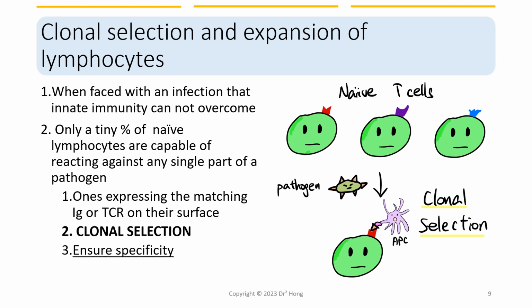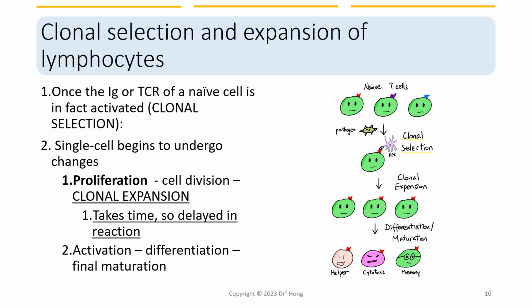So only the cell that can really recognize part of the pathogen will get selected. This ensures specificity. It will also serve as the activation stage, so that particular naive T cell is no longer naive. It's activated.